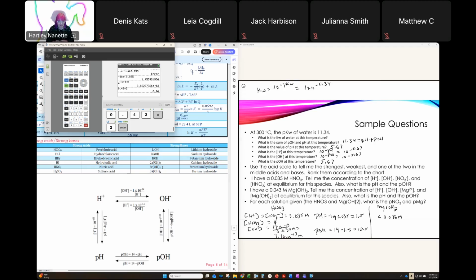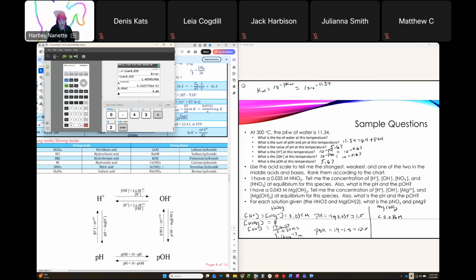Now, one last thing that it asks. It says for each solution, what is the pNO3 and the pMg? Now, I don't know what the pMg is because I don't know what its concentration is. But the p for the NO3 is just the negative log of the NO3 minus. And so that's going to be 1.5 as well because it's the same value as what I have for H plus. Okay, when we do those p's, we always lose the charges that are there.